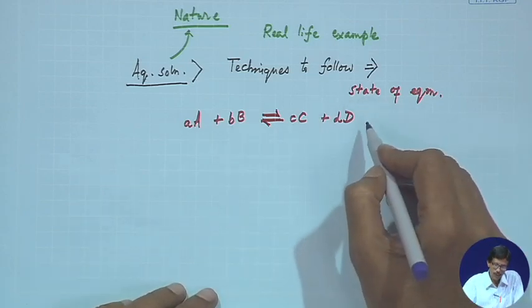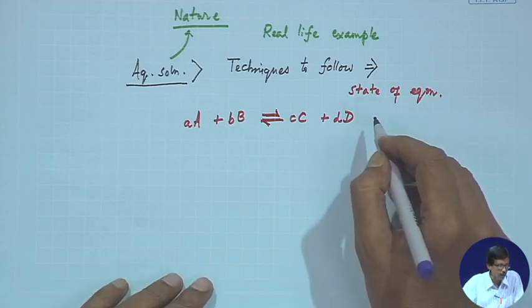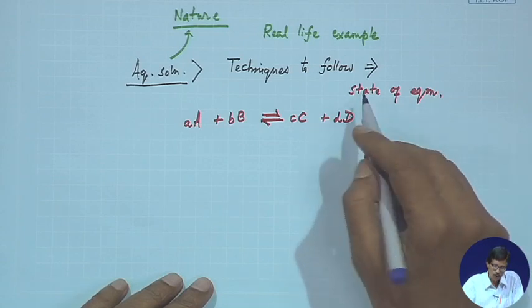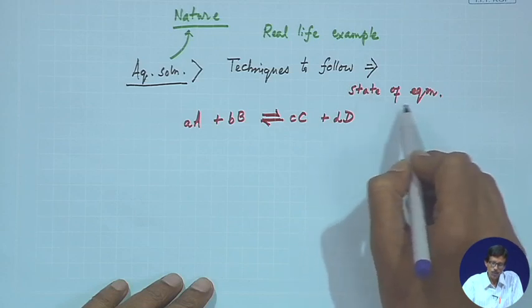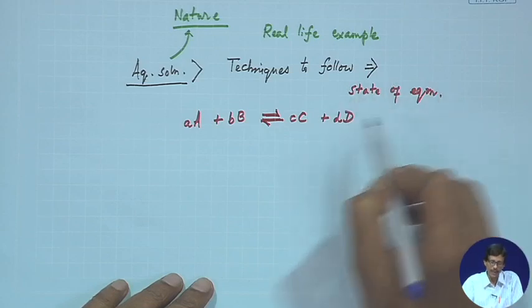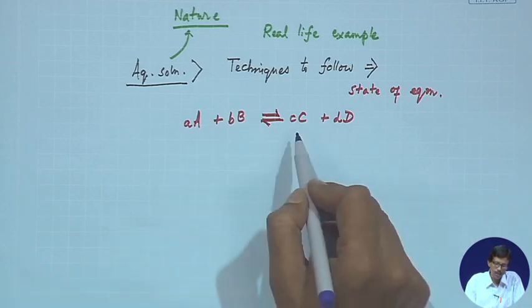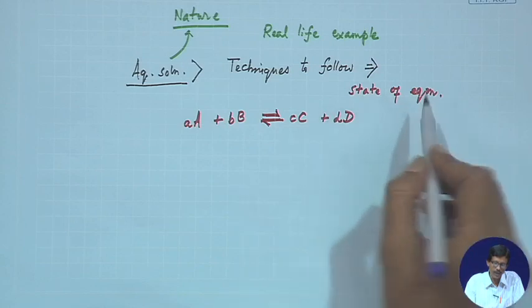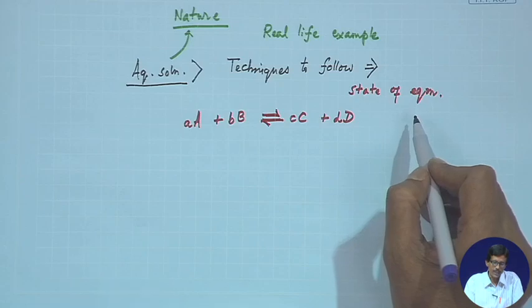We study this chemical reaction because most of these techniques depend on the corresponding equilibrium process. A chemical reaction between A and B forming C and D reaches equilibrium, and this equilibrium process we are able to detect.